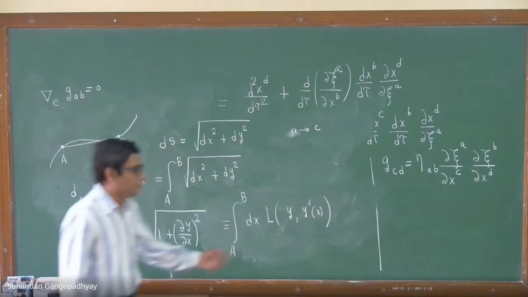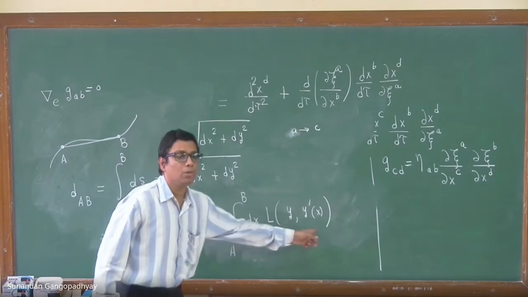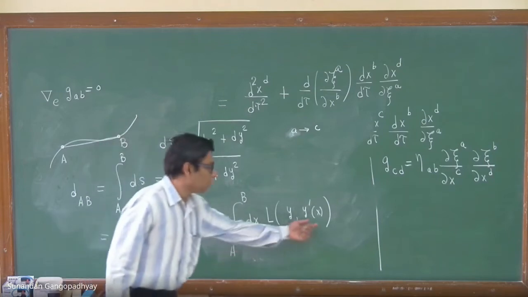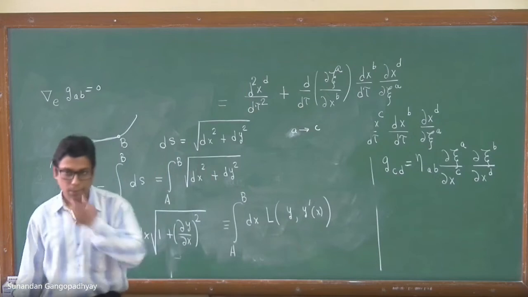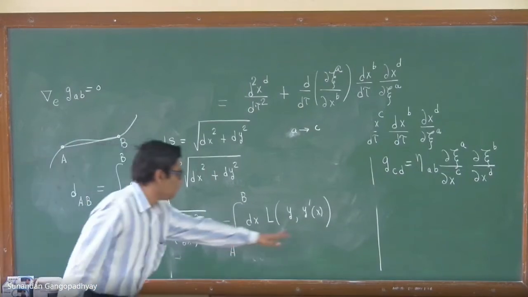Just like in classical mechanics, you have L dt, L being a function of q and q dot. So here your q dot is like dy by dx. This is your Lagrangian L of y prime.